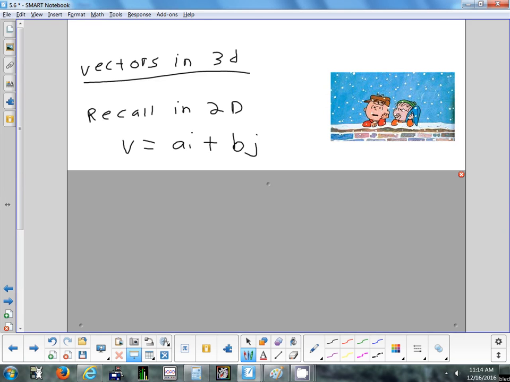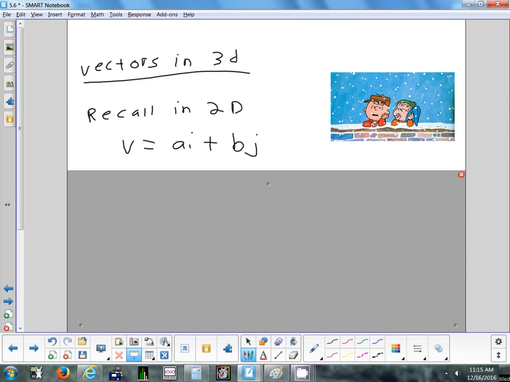All right, so in 2D, the way we could write a vector in unit vector form, we had A times I, and again, A would be a number, so it'd be like 3I. Then we had plus B times the unit vector J, and that would be something like 6J. Right?